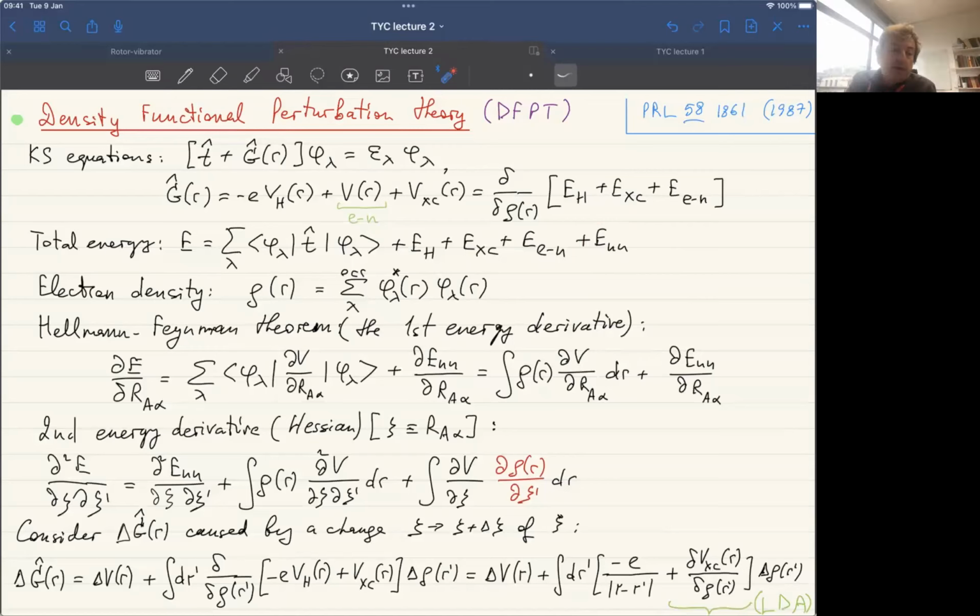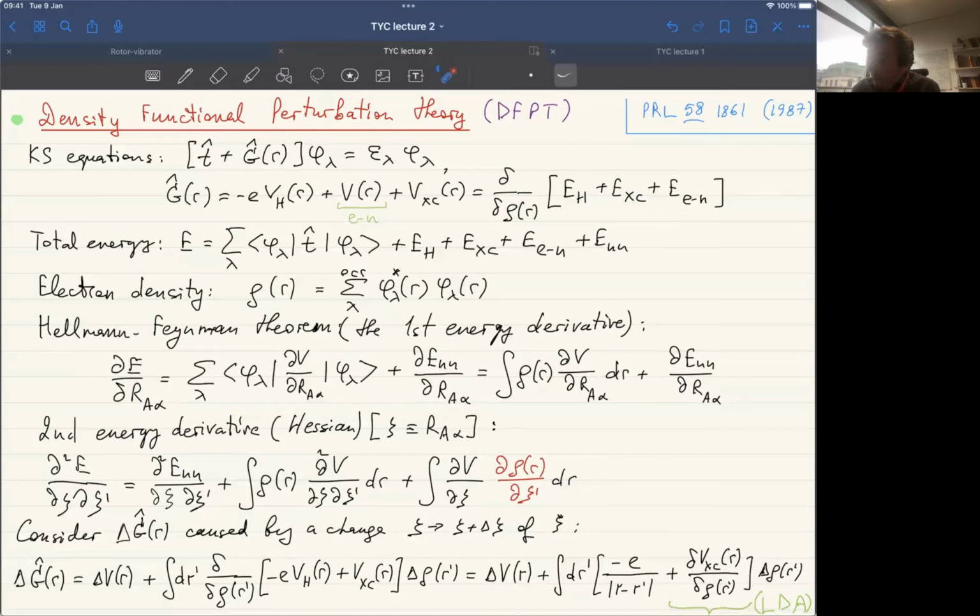All right, we know from the Hellmann-Feynman theorem that the first derivative of the total energy with respect to atomic positions R, capital R, A here is the atom number, and alpha is the Cartesian component, x, y, z. So the first derivative of the energy with respect to atomic positions can be easily calculated.